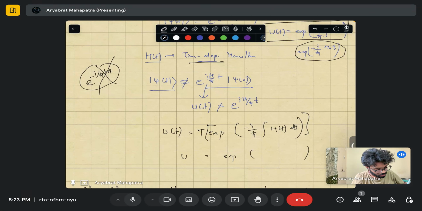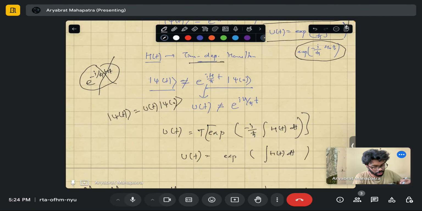your evolution operator will be this, like exponential of the integration of H of t dt. And after you integrate, that will be your evolution operator, and then you can use that U of t to write U of t psi 0.